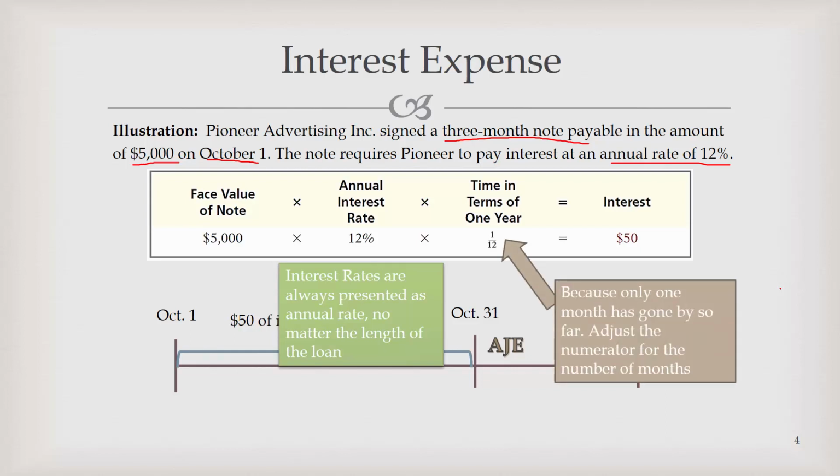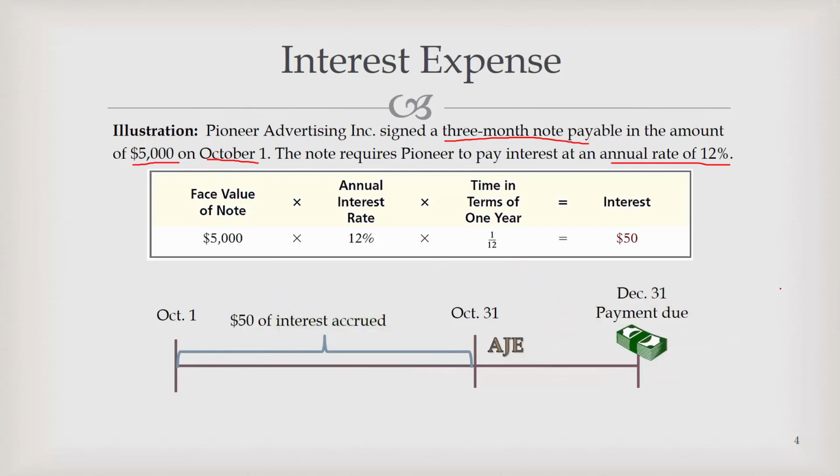We signed on October 1, now it's October 31. So we're going to multiply the 12% by 1/12. If we were doing it for 3 months at a time, we would multiply it times 3/12 if we were recording it for the full quarter. So in this case, we took the 5,000 times 12% times 1/12, and that equals $50. So our amount of interest that accrued during October is $50.